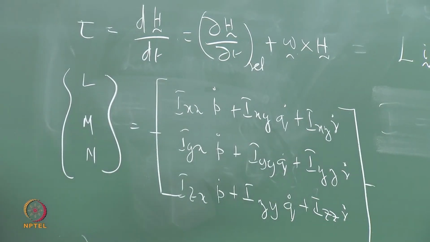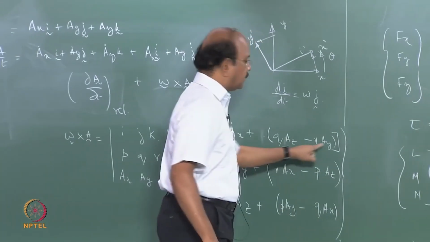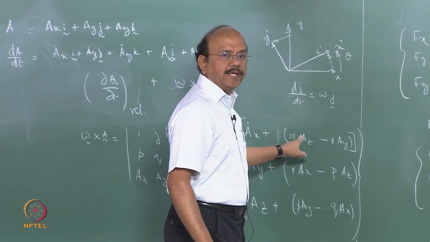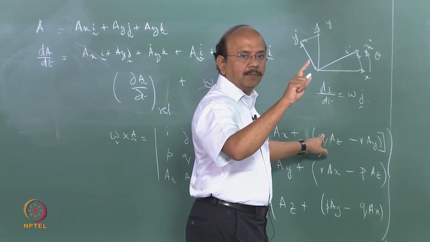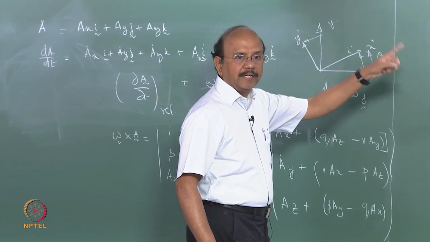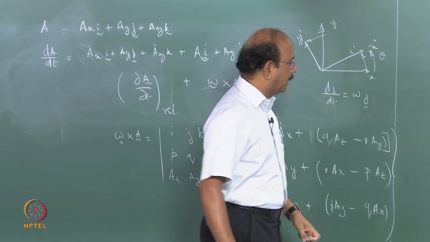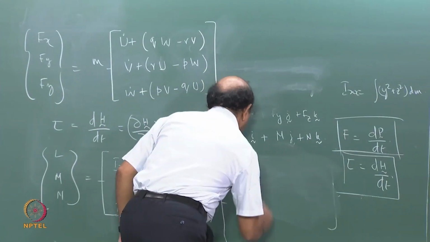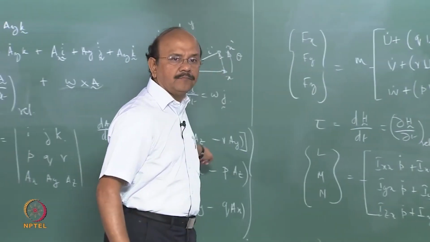Then in the same way I have to put Q into Hz minus R into Hy. Okay, what is the z component? It is Hz. Remember, I had already written what H is, so multiply it out and put that there. And so there will be plus Q into Hz.